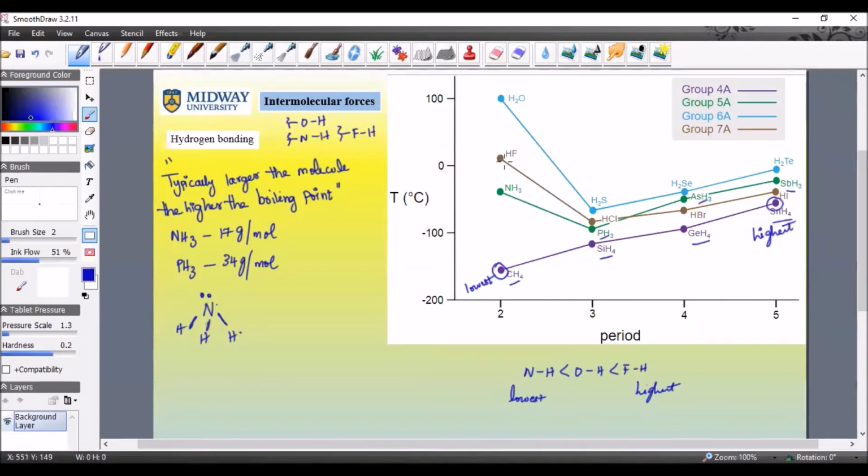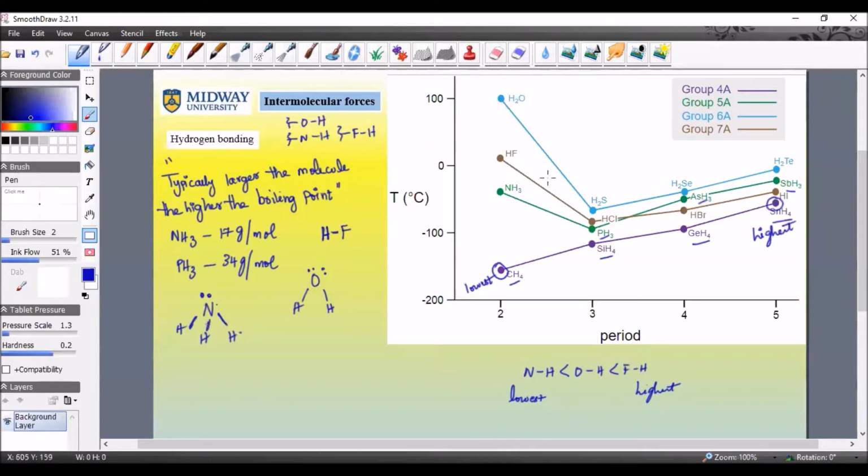That is primarily because water has two active sites for hydrogen bonding, whereas hydrogen fluoride has only one vacant spot, one hydrogen bonding site compared to water, and that's why water is a little bit higher than fluorine. This is an exception, but this is the only time you're going to see this.